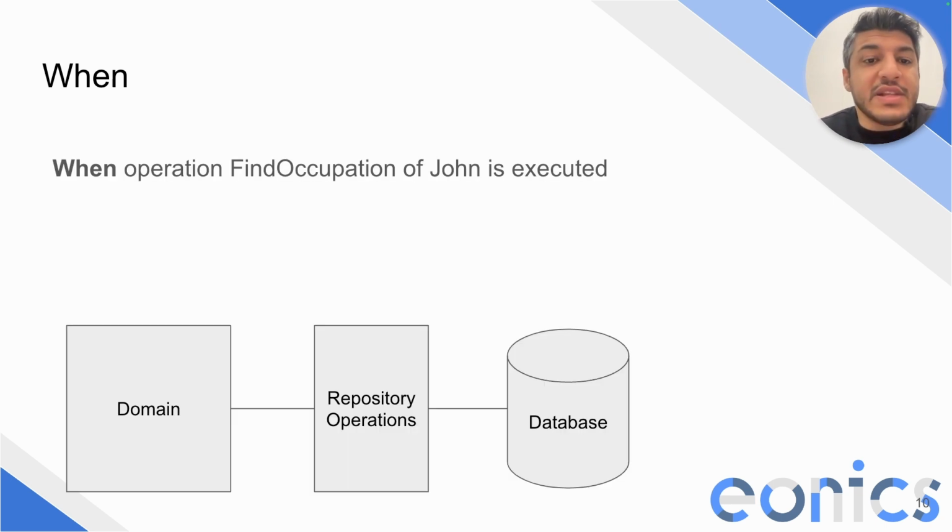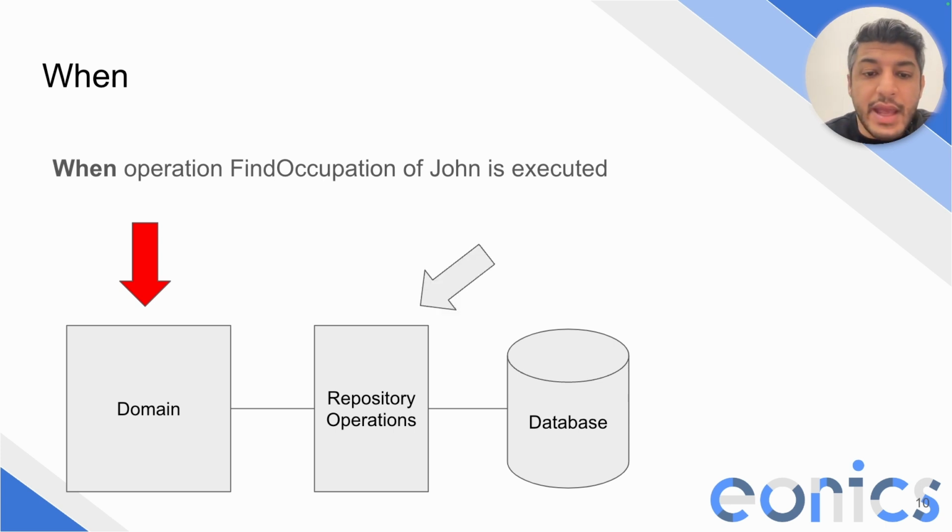So what happens in the when sentence now? In the when sentence, we are trying to execute the operation that we have in our domain. The issue is that, as we said, the domain has access to the outside world through ports, in other words, interfaces.